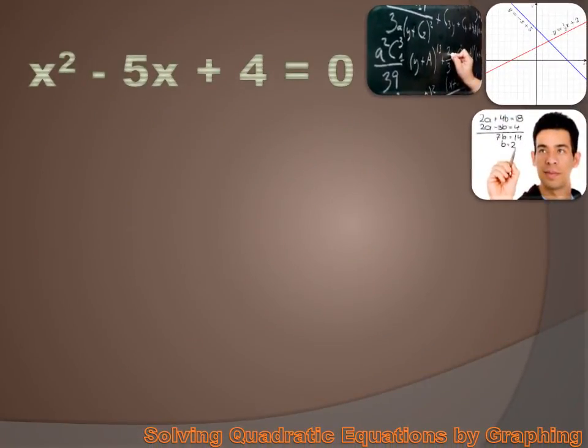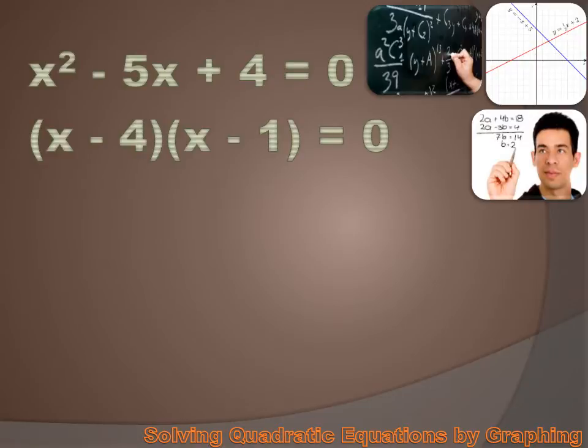Here's a quadratic equation, and we've learned one way to solve it. We could factor this equation to find the roots or the solution to this problem. And if we factored it, we determined that it equaled x minus 4 times x minus 1.